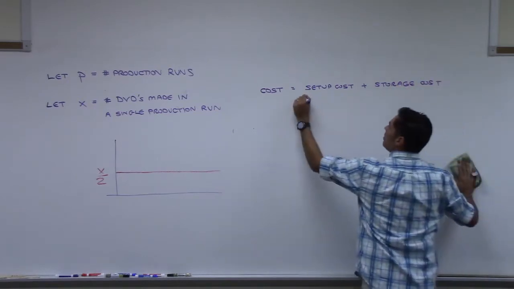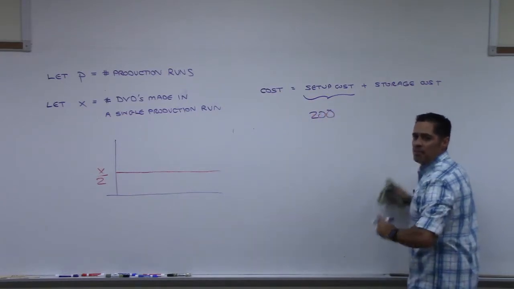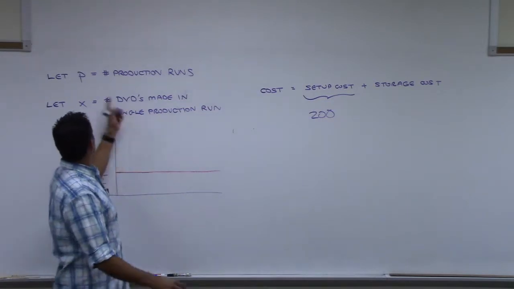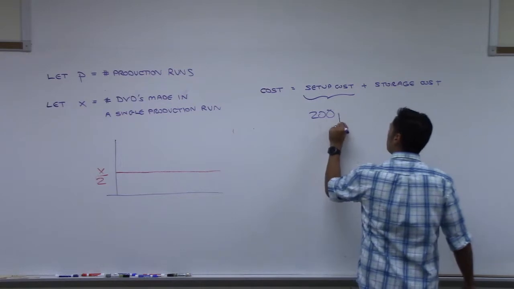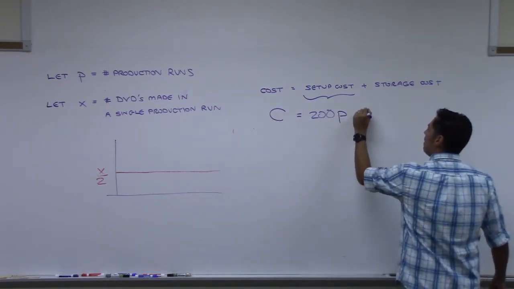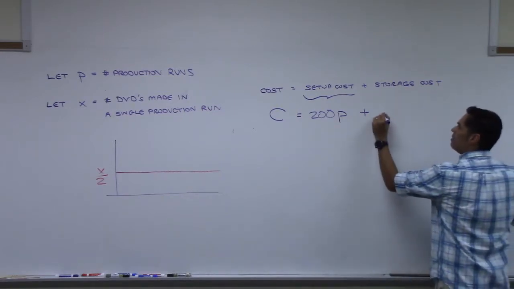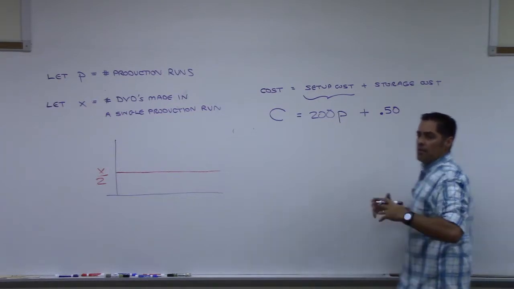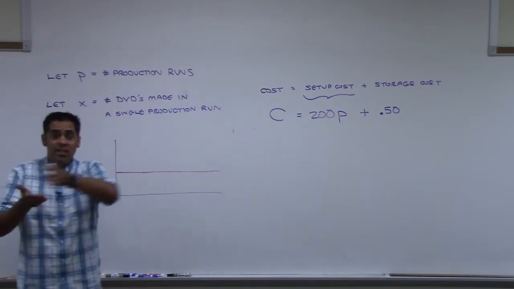The setup cost is $200 times however many times we have to set up, which for us was P. So my cost is 200 times P plus my storage cost, which is 50 cents times the number of DVDs that I have in storage for an entire year.